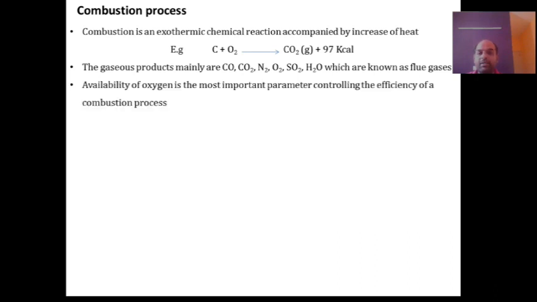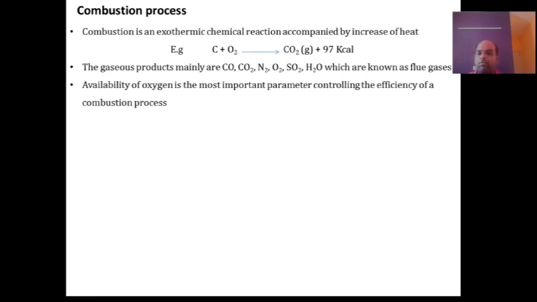So what becomes very important is the availability of oxygen. It becomes the most important parameter controlling the efficiency of a combustion process. If you want complete combustion of a fuel, you have to ensure that the right amount of oxygen is present. For every gram of a fuel that you may take, there is a certain minimum amount of oxygen that is required for complete combustion.